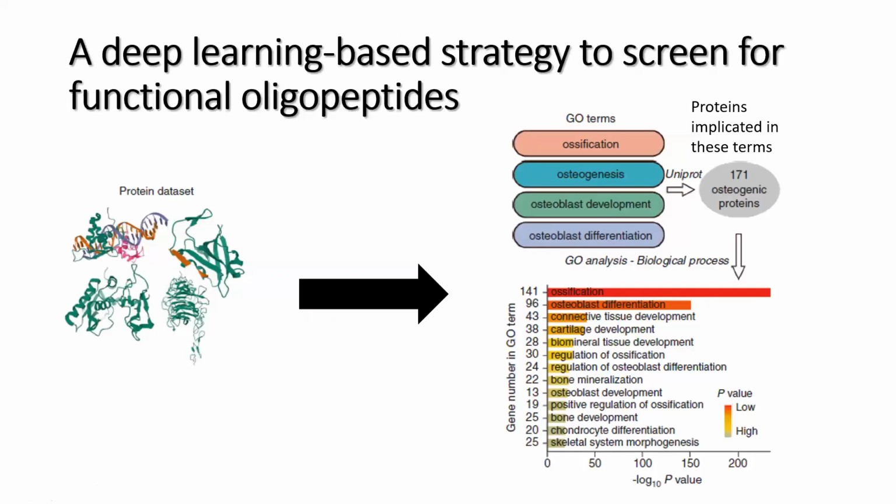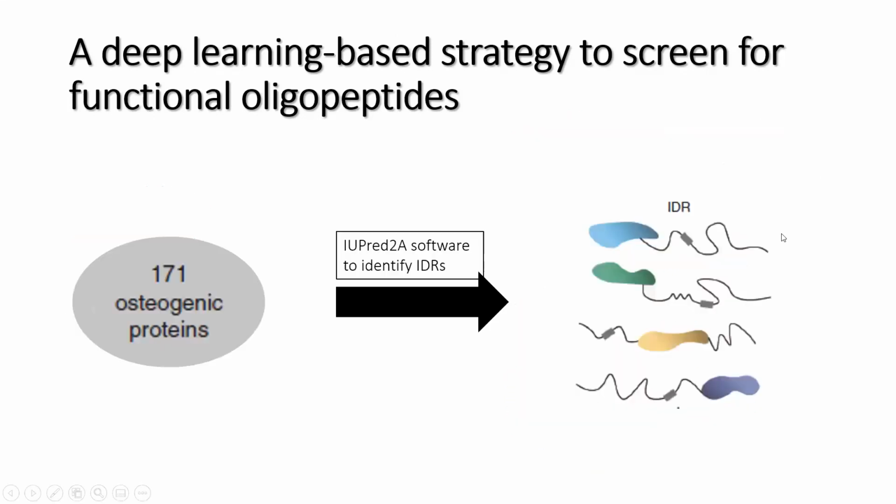So in this case, we're not talking about numbers, we're talking about proteins. They took a protein data set and found proteins that were implicated in the terms ossification, osteogenesis, osteoblast development, and osteoblast differentiation. From this, they collected 171 osteogenic proteins, and they used this for their data set.